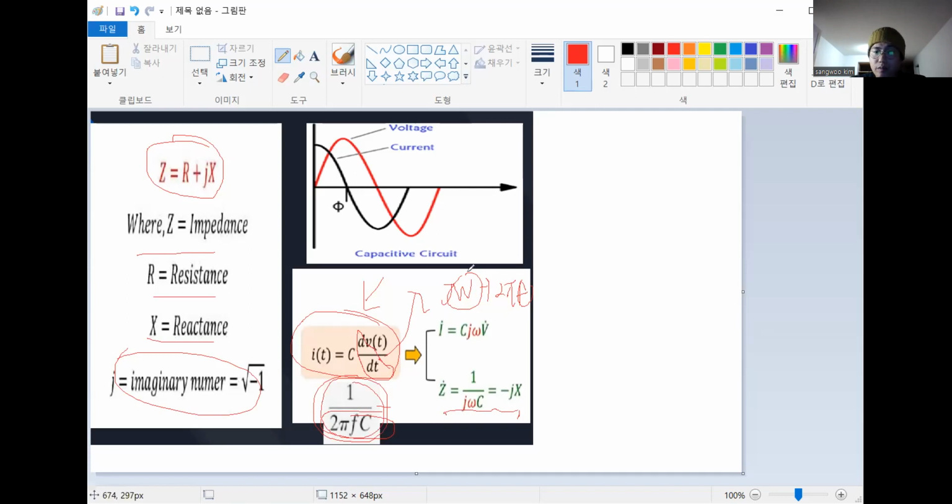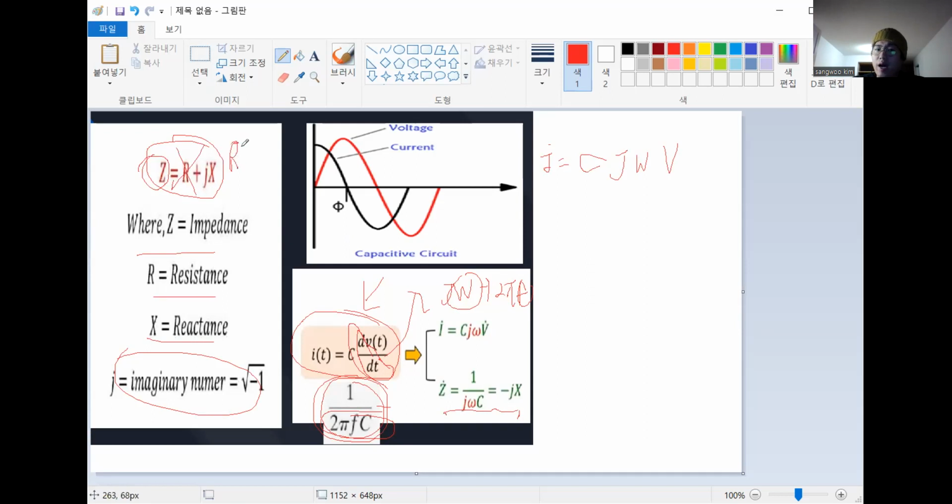I equals C dv/dt, and as I said, d/dt is j omega, and V. As you can see, we have impedance now and don't have only a resistance.